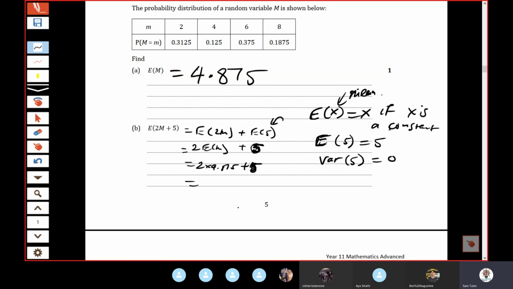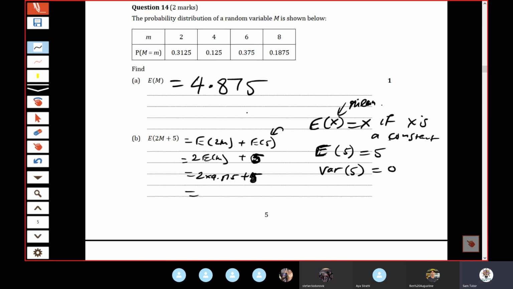And then you get an answer, whatever that becomes. Any questions there? No. I think it's a good point to make with the amount of textbook questions we've done compared to exam questions.